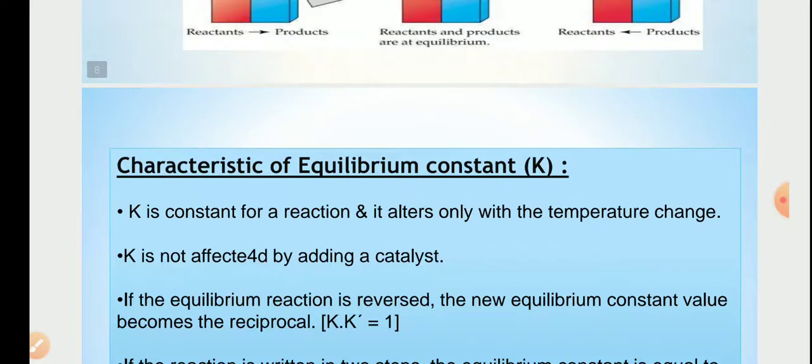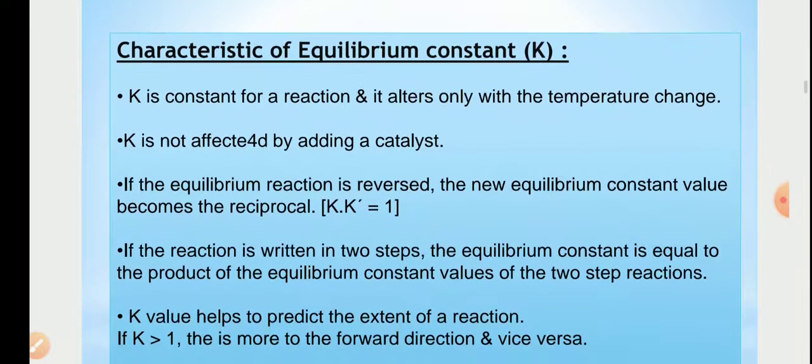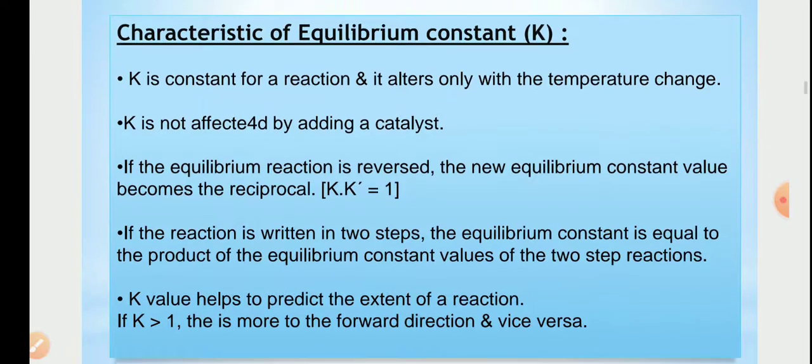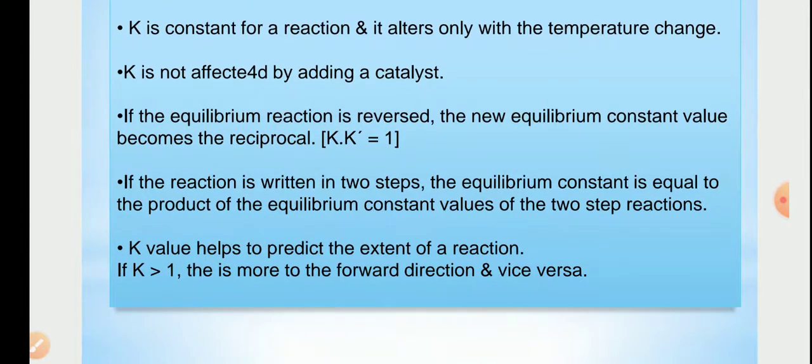Now there are some characteristics of the equilibrium constant. Yes, it is constant for a reaction, and it alters only if the temperature changes, because the equilibrium constant is dependent on the temperature, and it is not affected by adding a catalyst, as I have already told you.